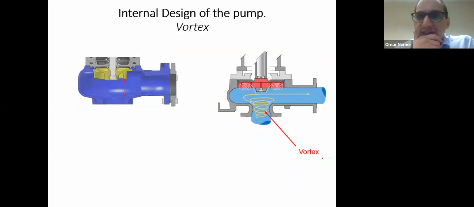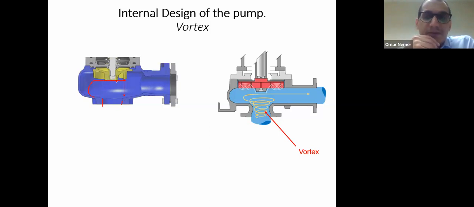What about the vortex? As we said before, the efficiency becomes lower than the non-clog. The reason is the big gap between the inlet and the impeller, and we are depending on the vortex effect in pumping.